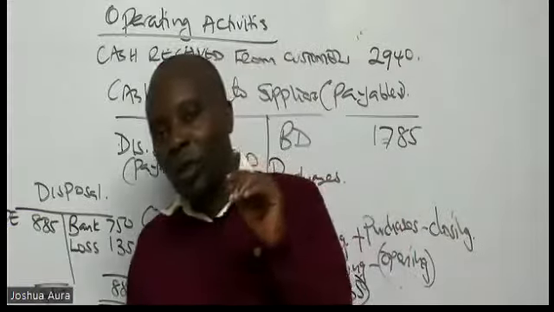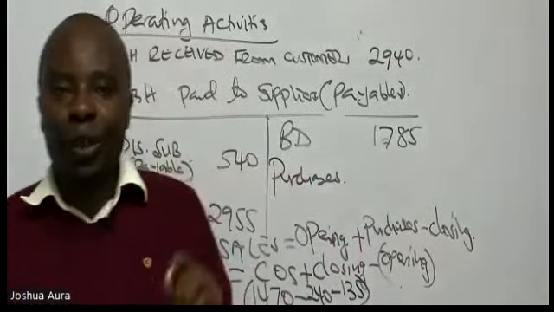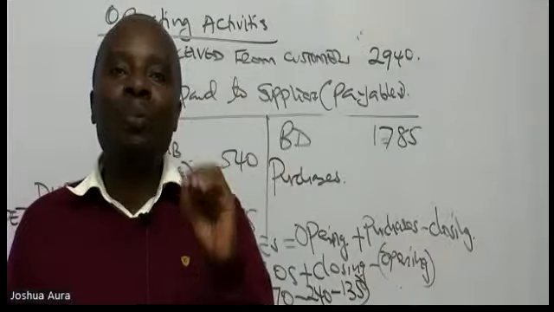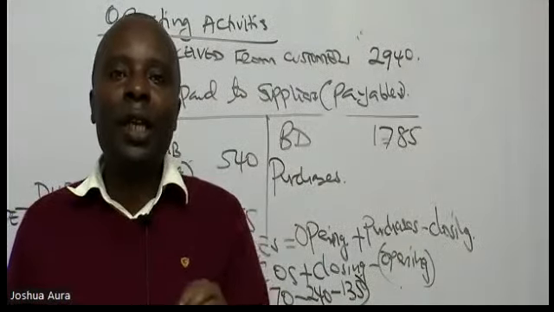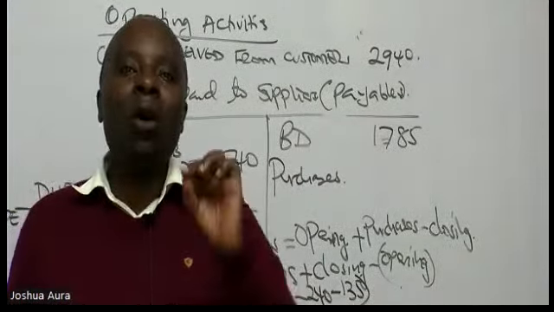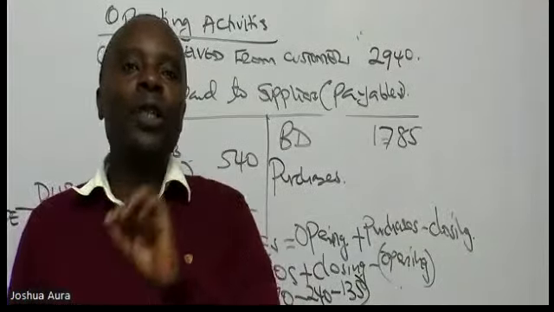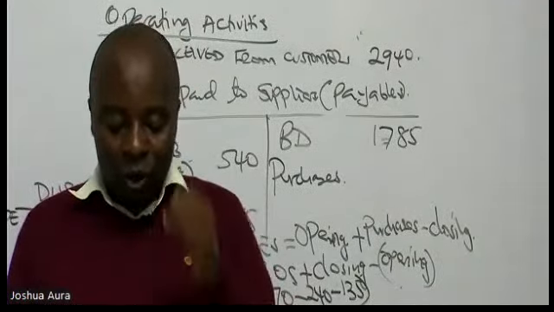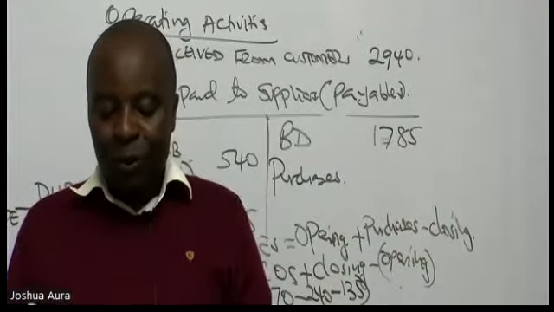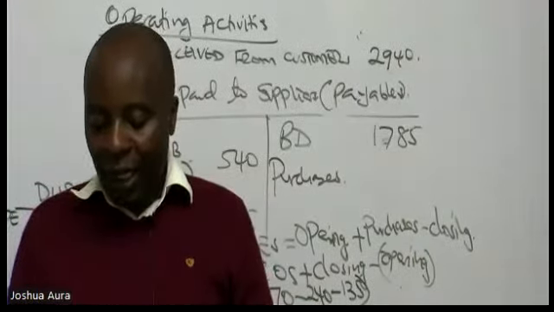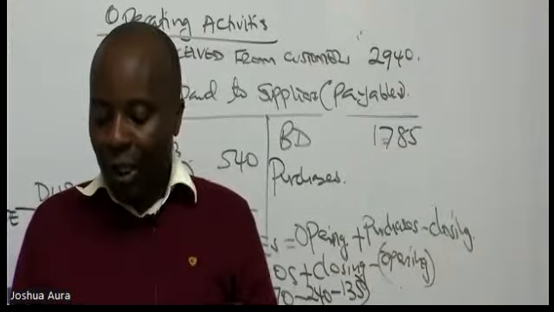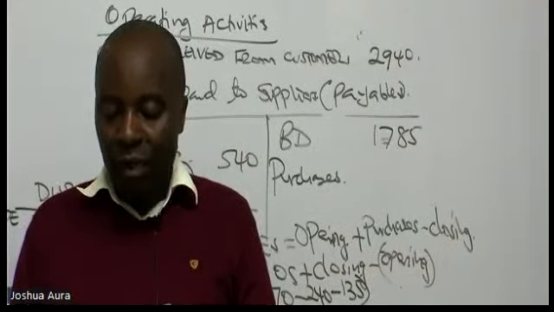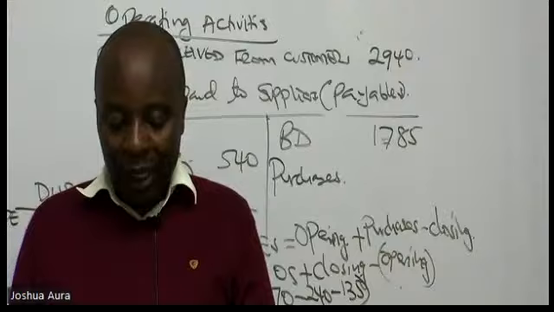So when we got this loss, what do we do with it? We went ahead and expensed it in the cost of sales. We included this as a cost in the cost of sales. Note number two: an item of property with a carrying value of 885 million was disposed of during the year ended 31st October 2017 for shillings 750 million in cash.